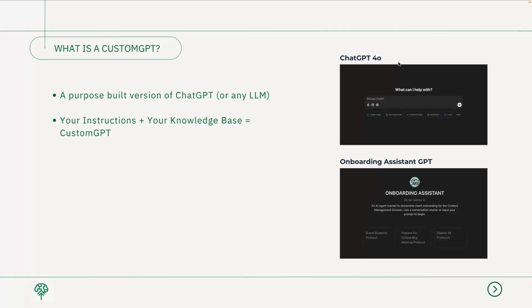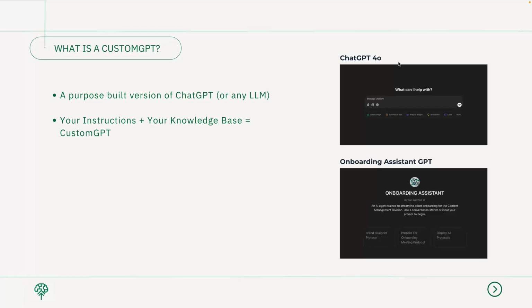Cool. So a custom GPT is a purpose-built version of ChatGPT. It's the application of AI, like we talked about in that internet evolution example. These are the websites, these are the apps, these are the tools. The GPTs are the purpose-built versions of that generalized network.